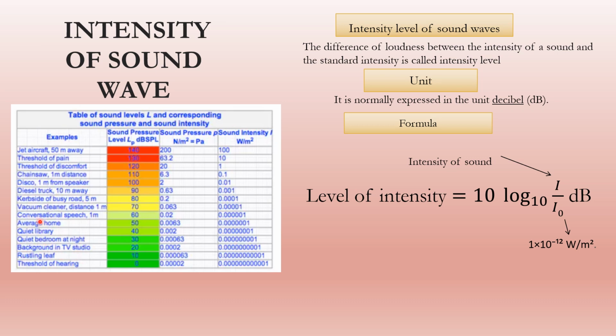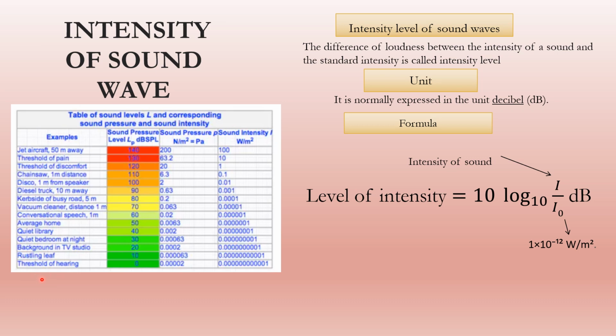So we can compare all these other intensities based on the standard intensity, which is the threshold of hearing. That's why the formula for the level of intensity equals 10 log10 of I over I naught. I is the intensity of sound that we want to measure, and I naught is the standard intensity, which is the threshold of hearing.